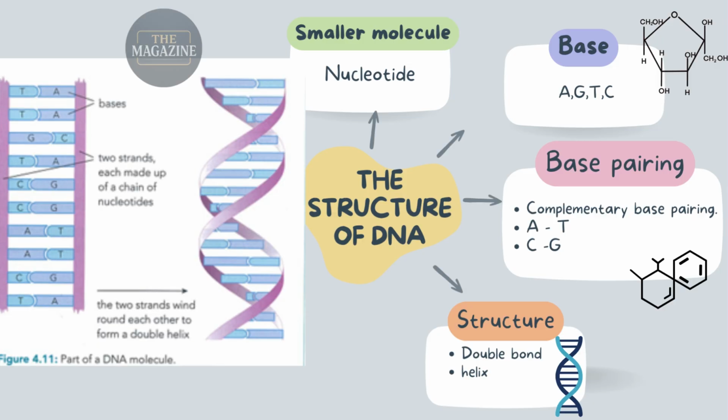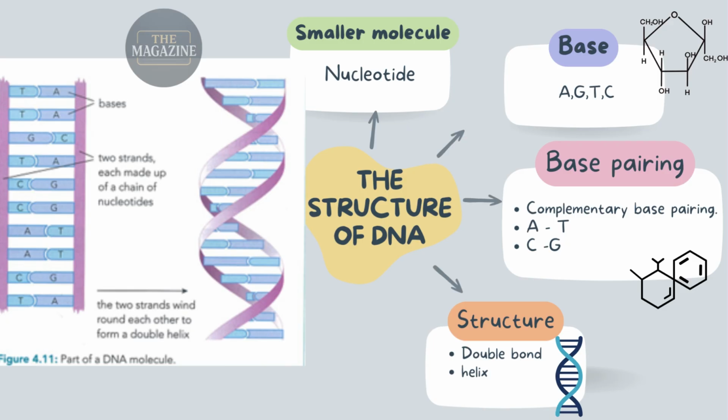We use this DNA structure to transfer genetic material to the next generation, and the DNA structure also helps to create proteins. For protein synthesis, the main structure is DNA.